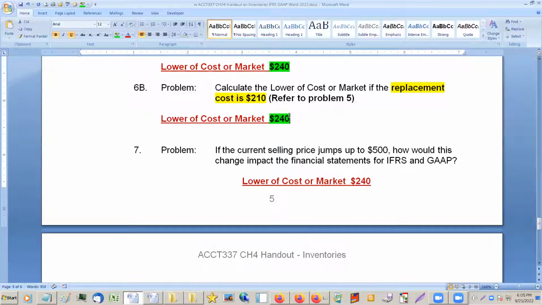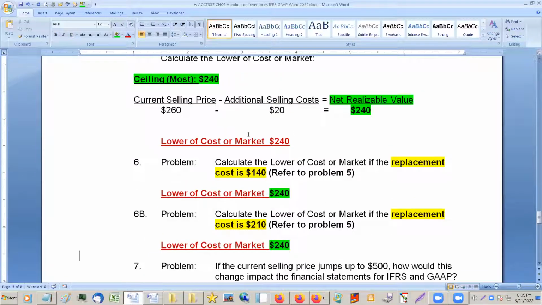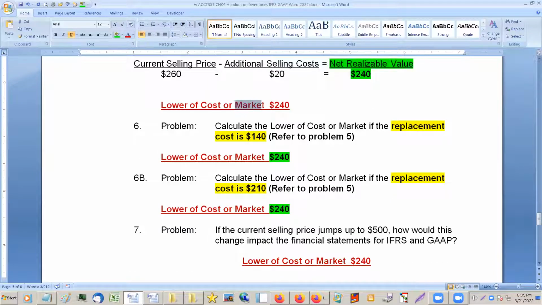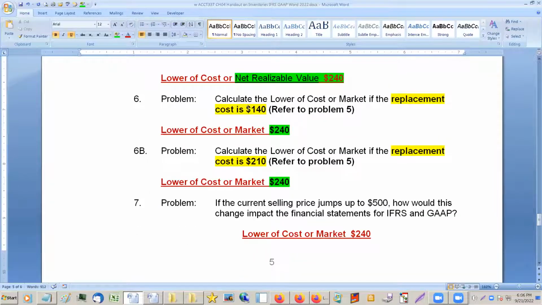international standards. So the international standards, when it comes to the lower of cost or market, or what they would call the net realizable value, they're identical. So there is none of that ceiling floor stuff anymore.